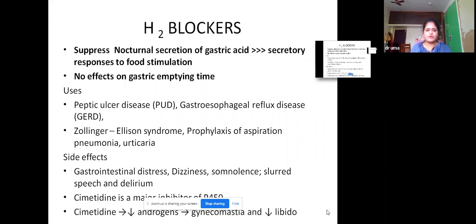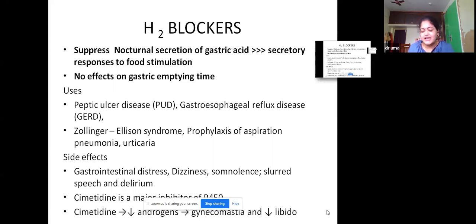Coming to the H2 blockers, they suppress nocturnal acid secretion more compared to the secretory response to food stimulation. They do not have any effect on gastric emptying except nizatidine. It is used mainly in peptic ulcer disease, gastroesophageal reflux disease, Zollinger-Ellison syndrome, and prophylaxis of aspiration pneumonia.